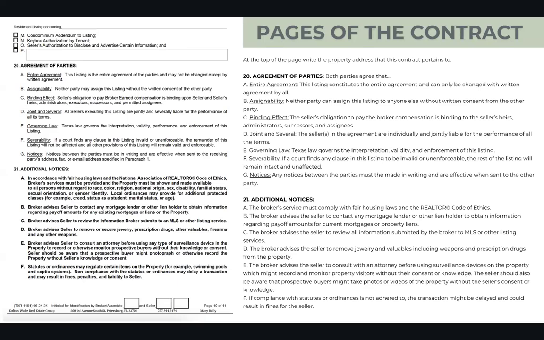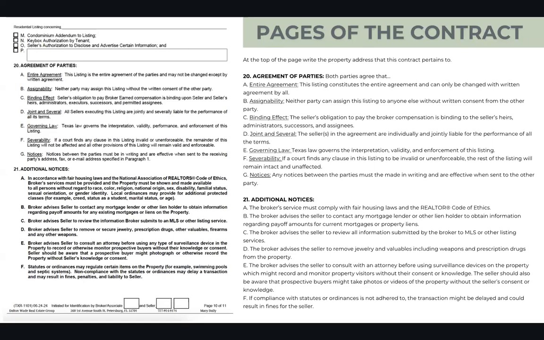Any notices between the parties must be made in writing and are effective when sent to the other party. And additional notices. The broker's service must comply with fair housing laws and the code of ethics. The broker advises the seller to contact any mortgage lender or other lien holder to obtain information regarding payoff amounts for current mortgages or liens.